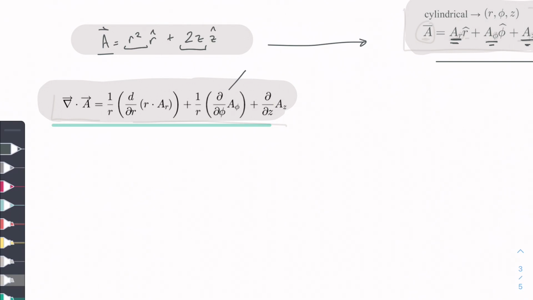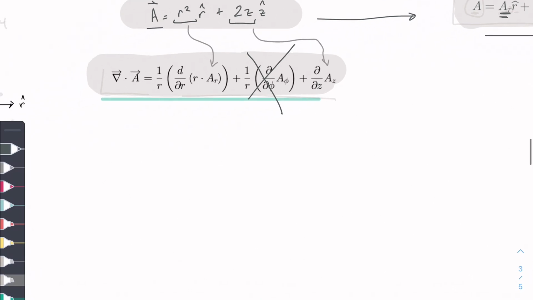So I'm going to cross out this phi term, and then I'm going to plug in my values for A sub r and then for A sub z. Then I'm going to solve this equation and figure out what I get from my del operator dot A. So I have 1 over r times the partial derivative with respect to r of r times r squared, plus, oh sorry, that one dropped out, plus the partial with respect to z of 2z.